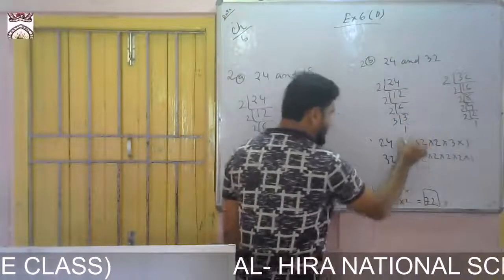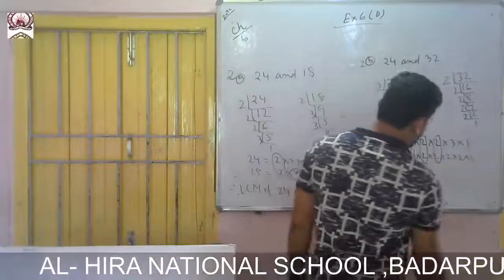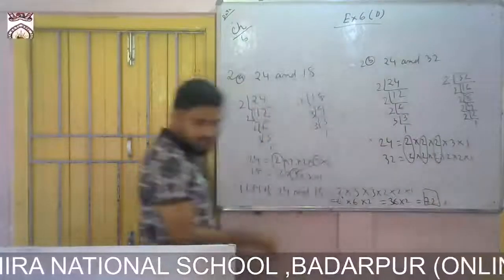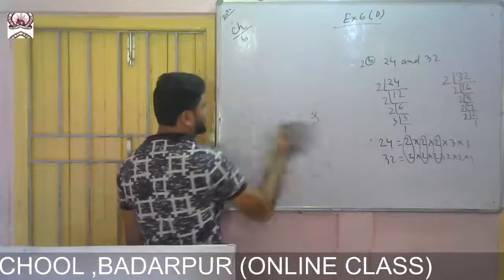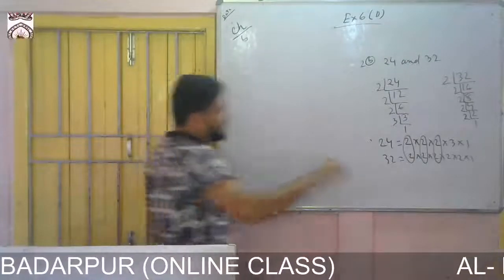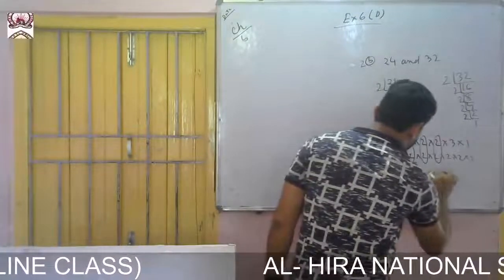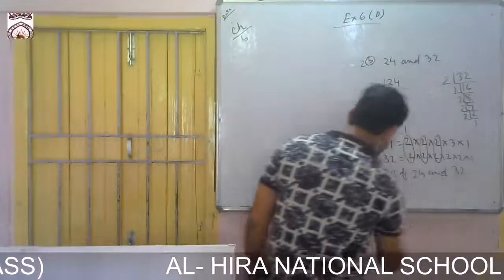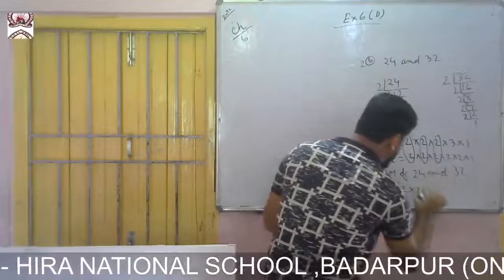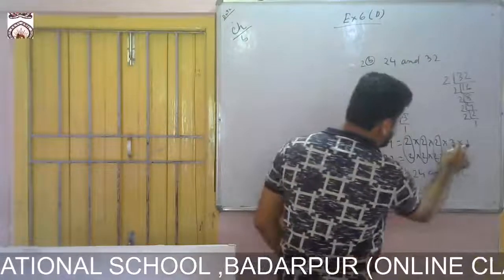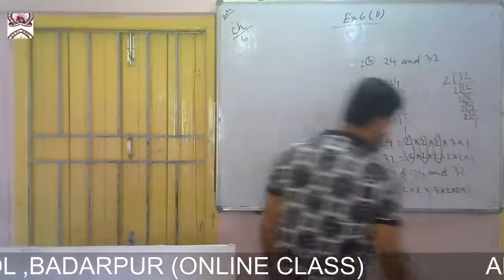Now take the pairs of 2, these two, then the remaining ones. Therefore LCM of 24 and 32 is this common 2, this common 2, this common 2, then the remaining factors 3, 2, 2 into 1.